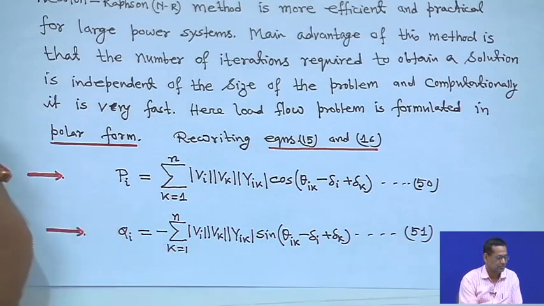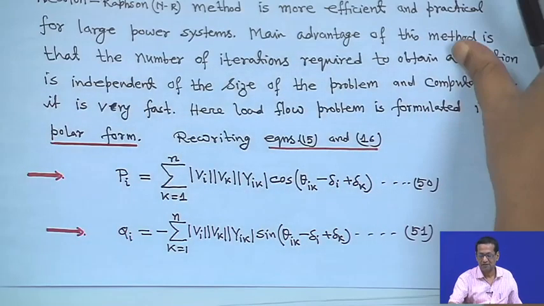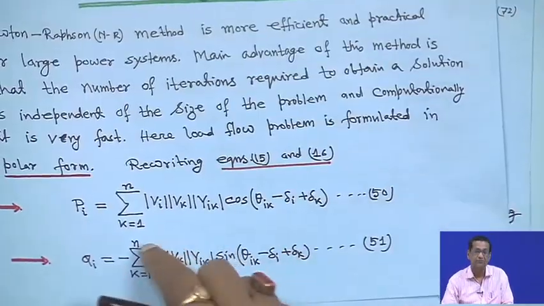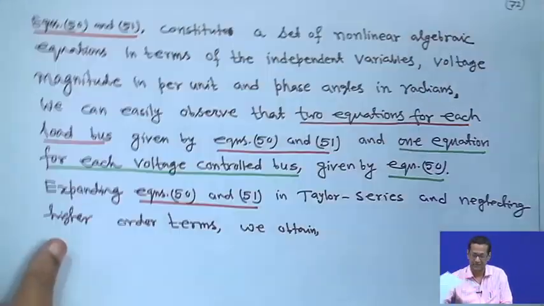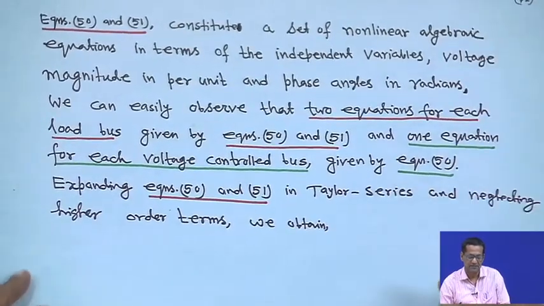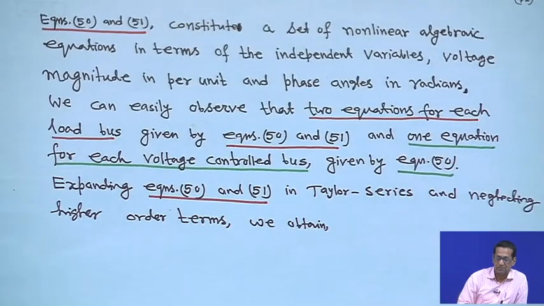It is a set of non-linear equations, right. And here also you have to consider the P bus, PQ bus and PV bus, right. Equations 50 and 51 constitute a set of nonlinear algebraic equations in terms of independent variables: voltage magnitude in per unit and phase angles in radian.